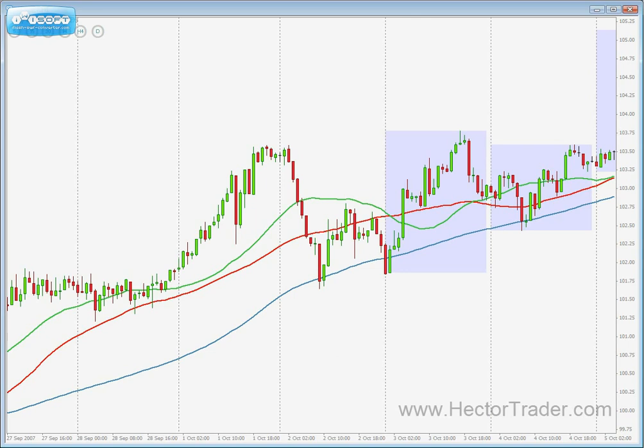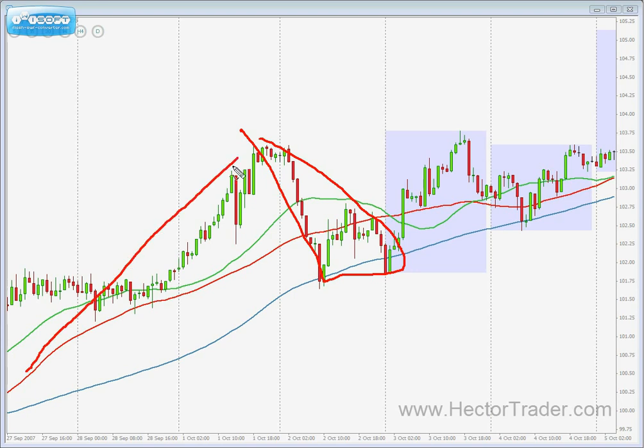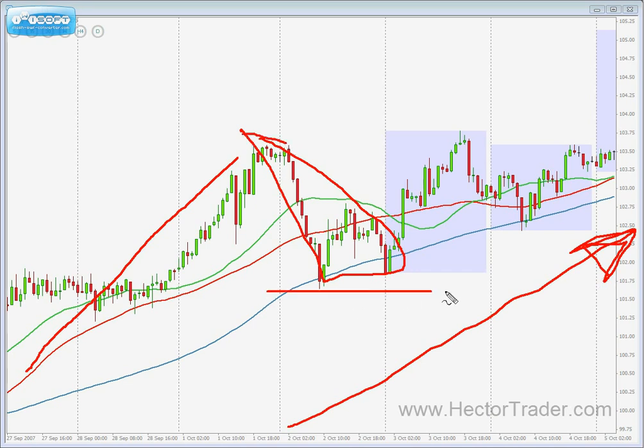Right, as we can see here, what we have is the retracement part, the retracement of this previous impulse in the direction of the main trend. Remember that the main trend was to the upside. And we had our level of confluence of support around this level.